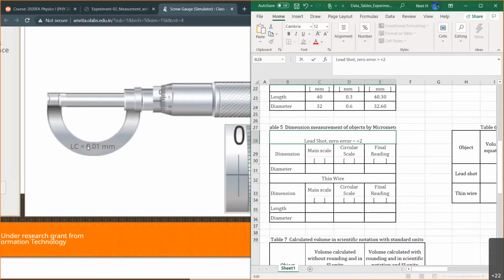Now you can see accuracy is much higher, down to about 1/100. So my zero error is 2 times 0.01, which is 0.02 millimeters, positive. I need that information to proceed with the calculation, right?